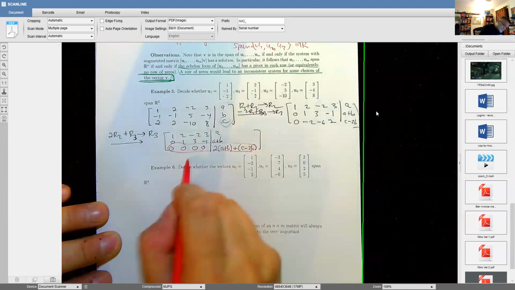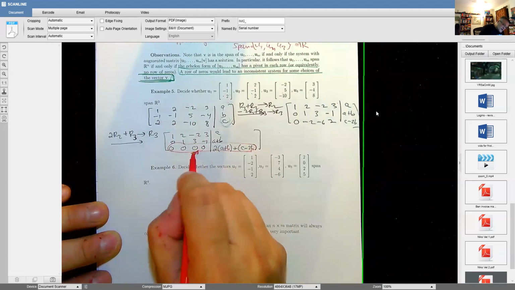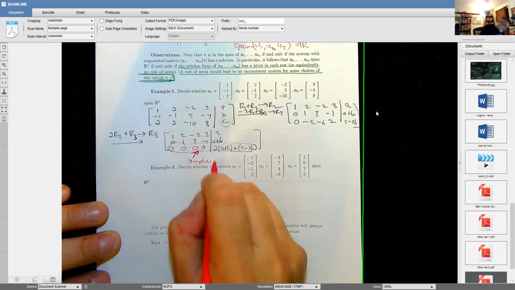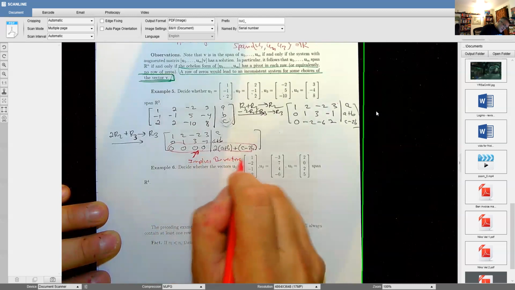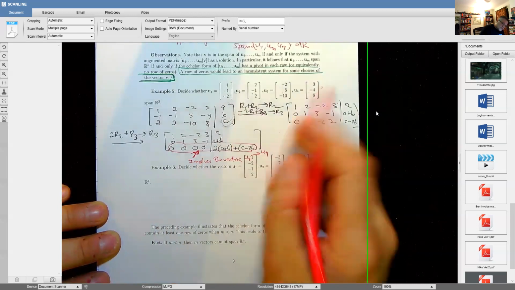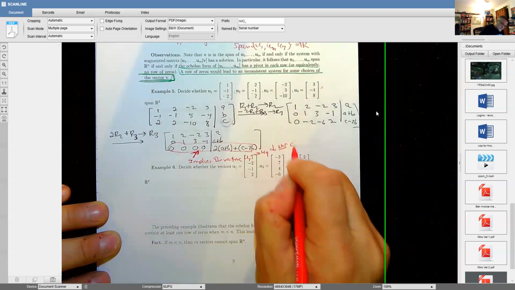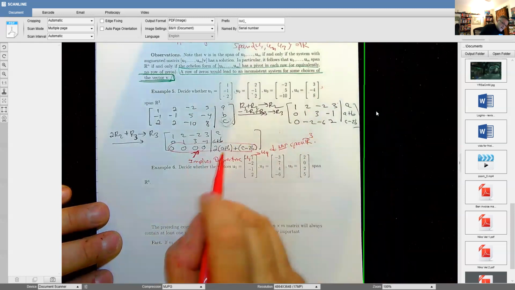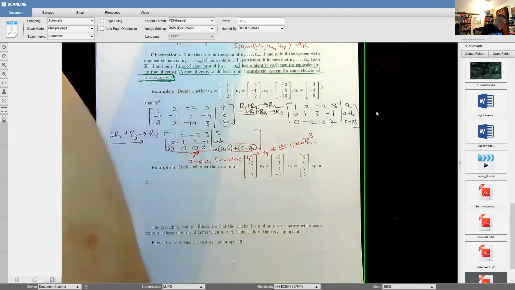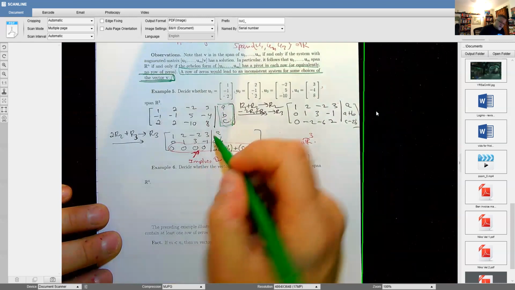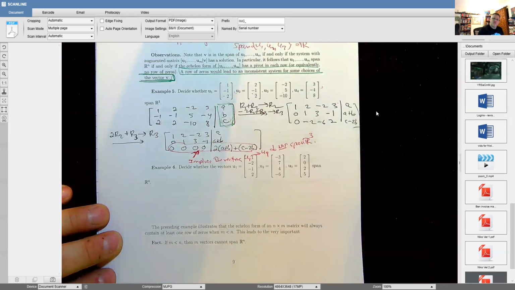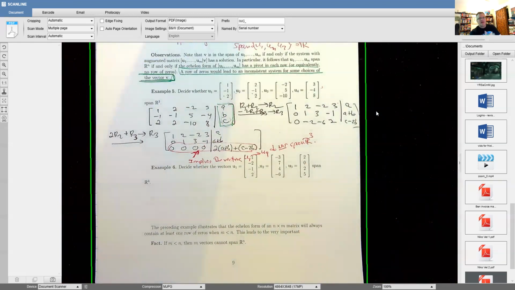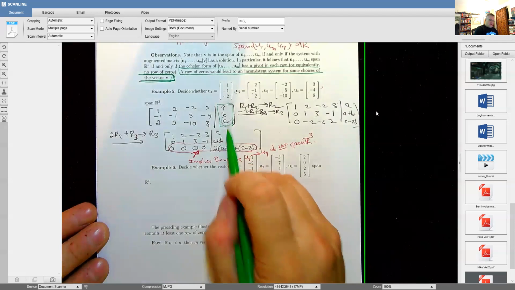So the presence of this zero row here implies the vectors u1 through u4, the ones I start with, do not span R3. That's number one. Number two, I didn't need the right-hand side. If I don't care about actually finding the span, if I'm just asking whether or not the vectors span a space, then I really don't care about the conditions here.